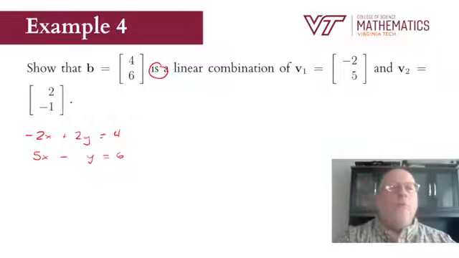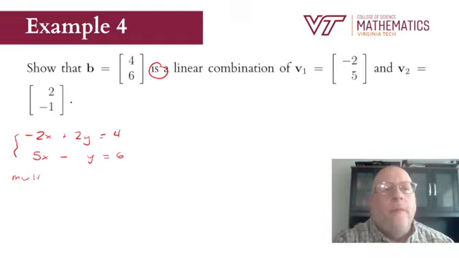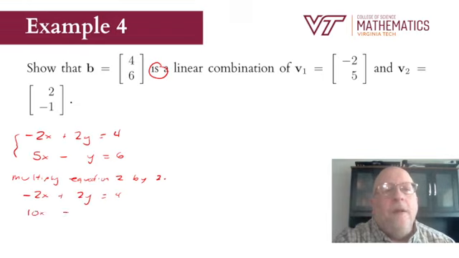Now, there are a bunch of ways of trying to solve this system of equations. My favorite is to cancel one of the variables. So what I'm going to do is multiply equation 2 by 2. That is, I'm going to rewrite this as negative 2x plus 2y is equal to 4, and 10x minus 2y is equal to 12.